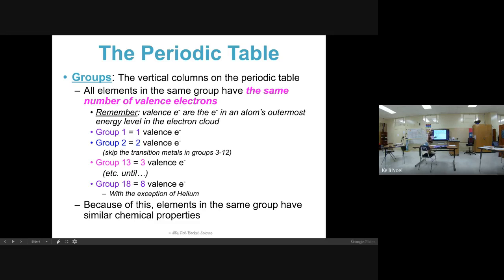It has 3 valence electrons, 4 valence, 5 valence, 6 valence, 7 valence, 8 valence. So that number is telling you the number of valence electrons. So because of this, they are going to have similar chemical properties. They're going to react similarly with other elements because of their valence electrons.